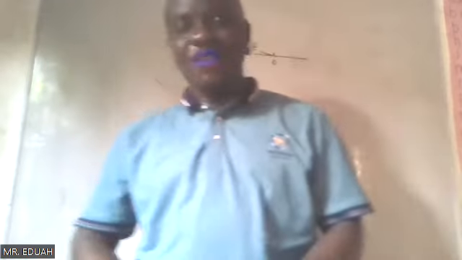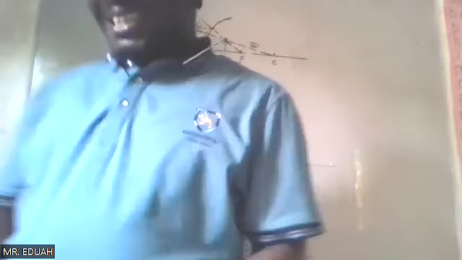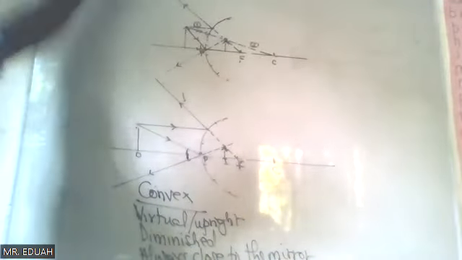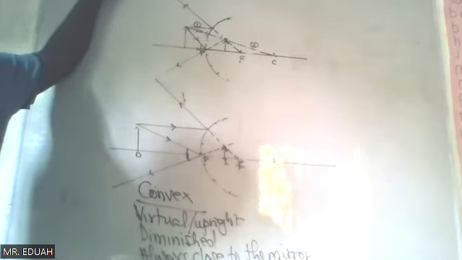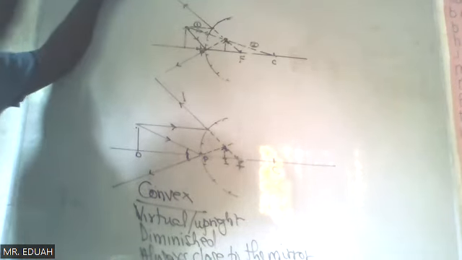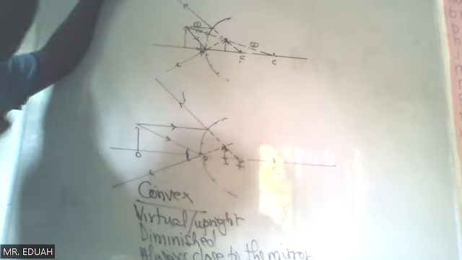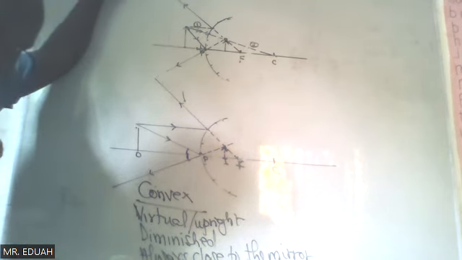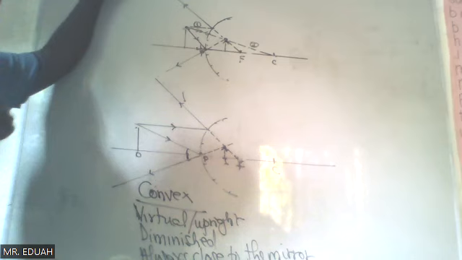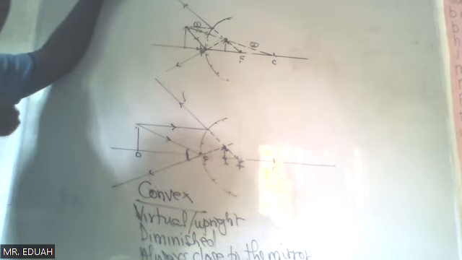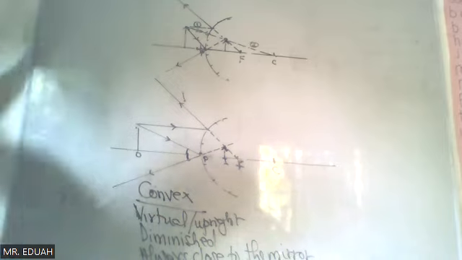Now there's another way we can describe the nature of the image formed, but this time using a formula. And this is the mirror formula or the mirror equation. So what is the mirror formula or equation?